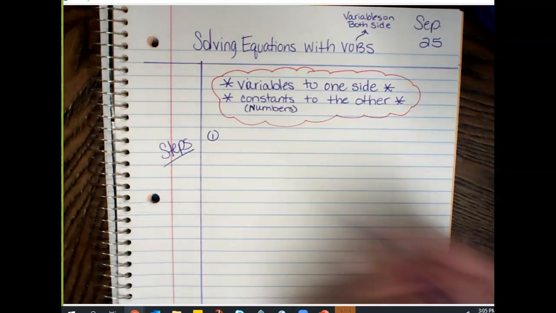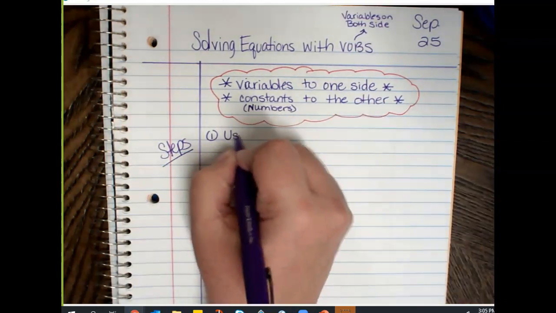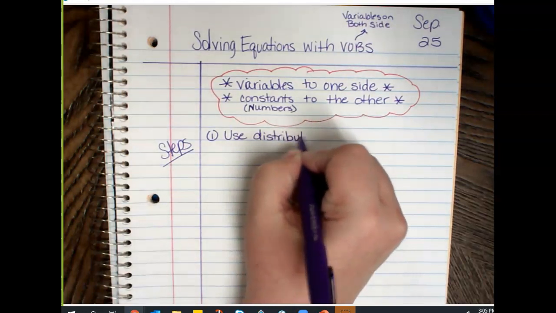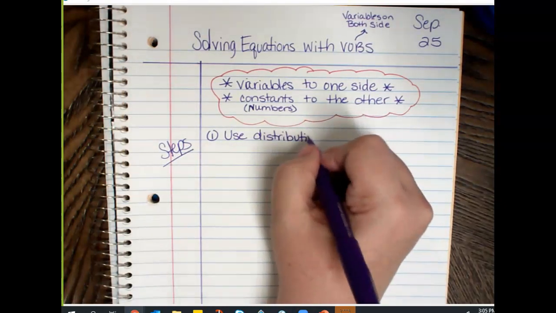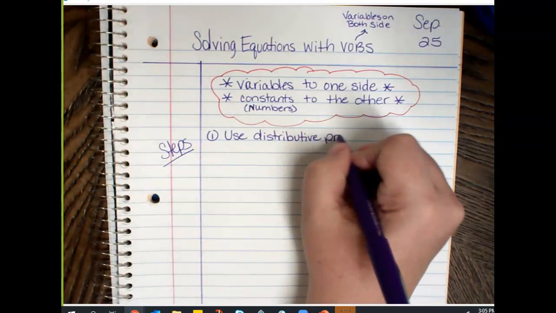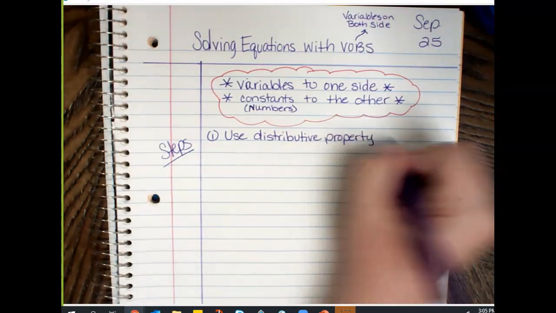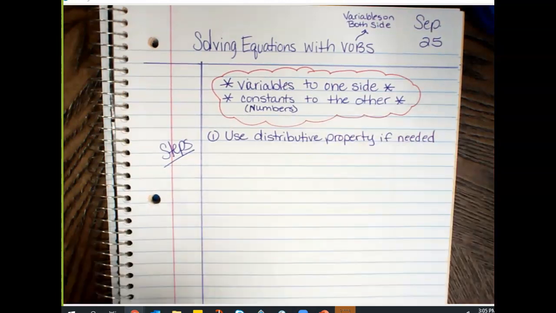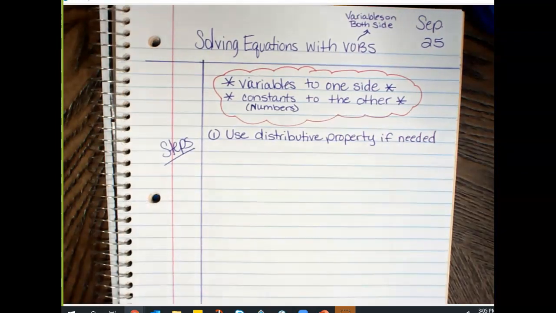So the first step is to use the distributive property if needed. So we're going to check, make sure we don't have any of those parentheses that we need to distribute out.